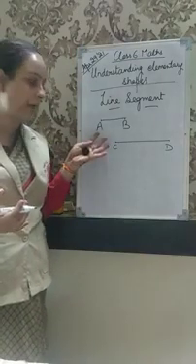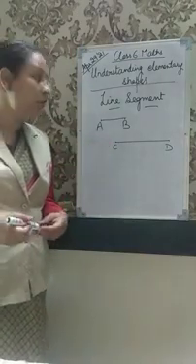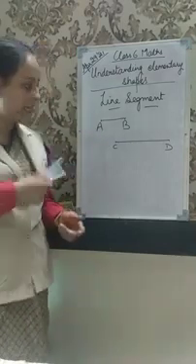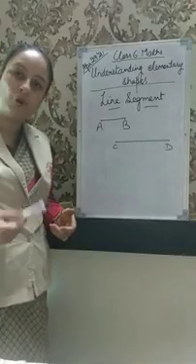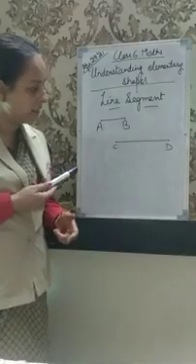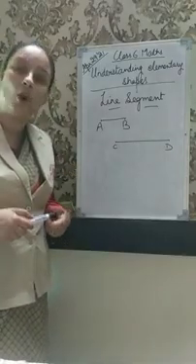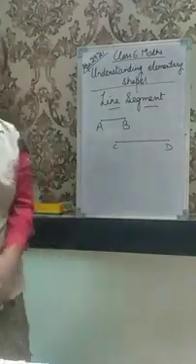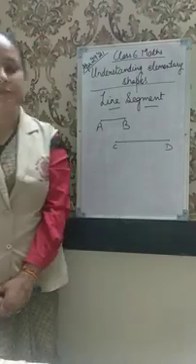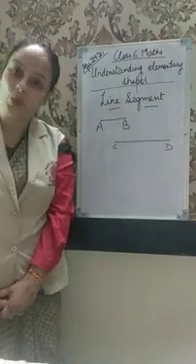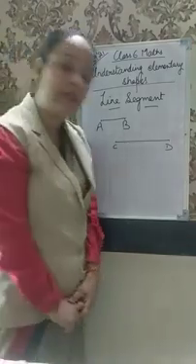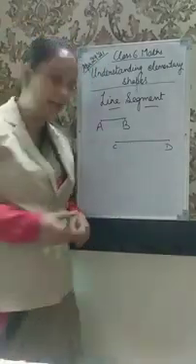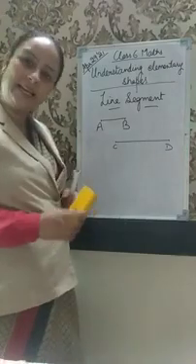By observing them, I can tell which line segment is greater, right? Can I do that here? Yes, of course. I can clearly see that CD is a longer line segment as compared to AB. Right? So sometimes we can compare by merely looking at two line segments to tell which one is longer. So, let's take another example.